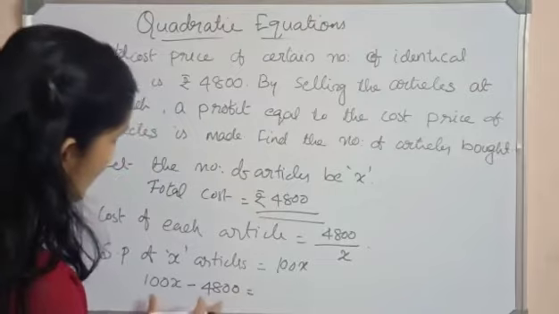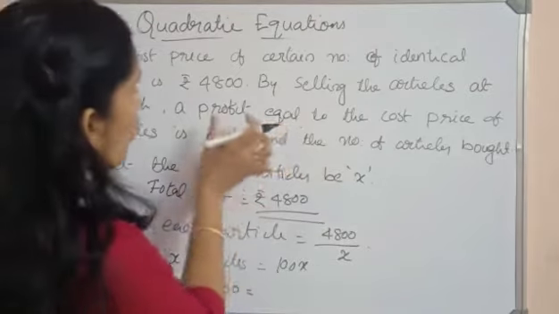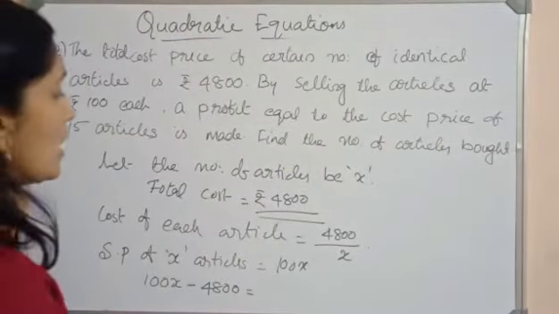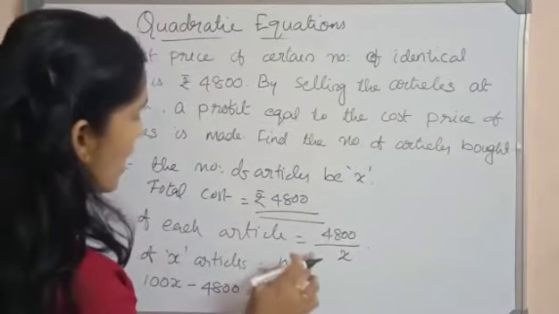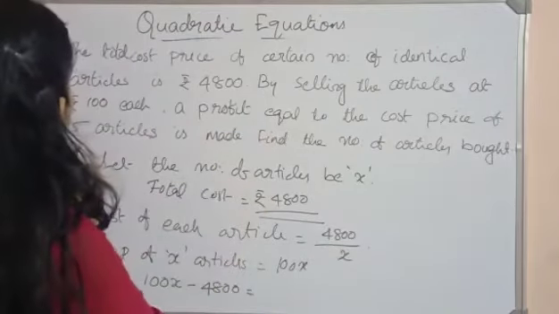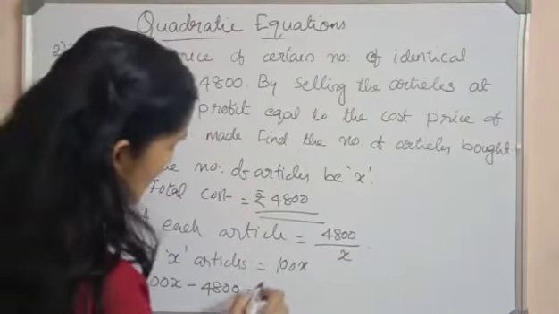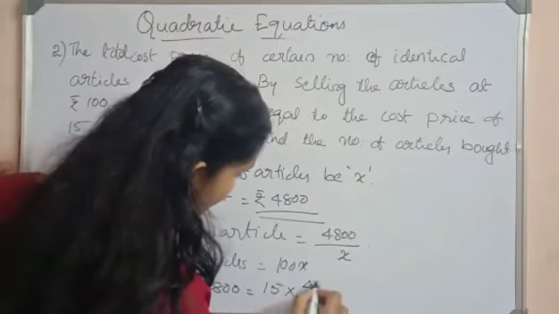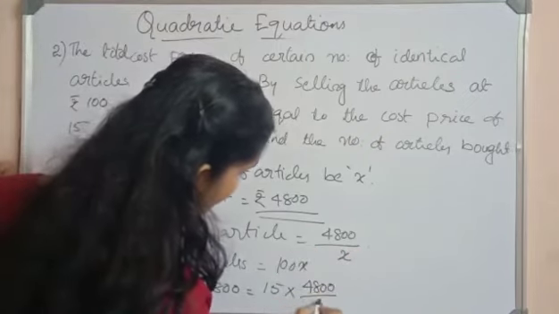That is equal to the profit, and the profit is equal to the cost price of 15 articles. So what is the cost price of one article? That is 4,800 by x. Therefore, the cost price of 15 articles is equal to 15 into cost price of one article, that is 4,800 by x.